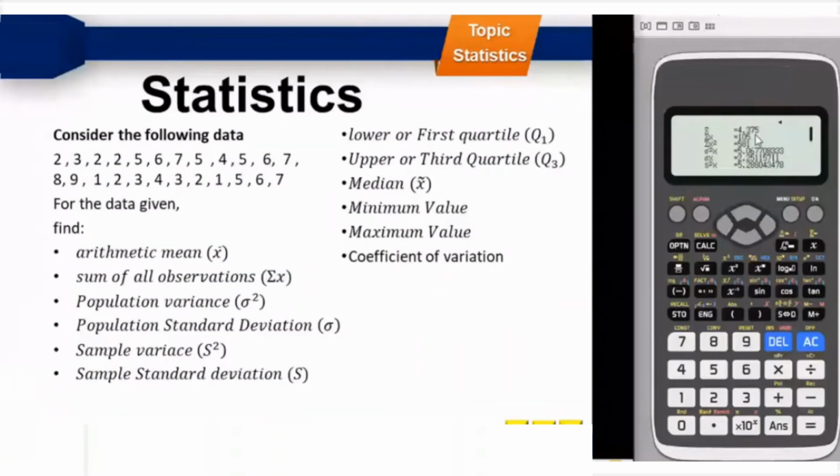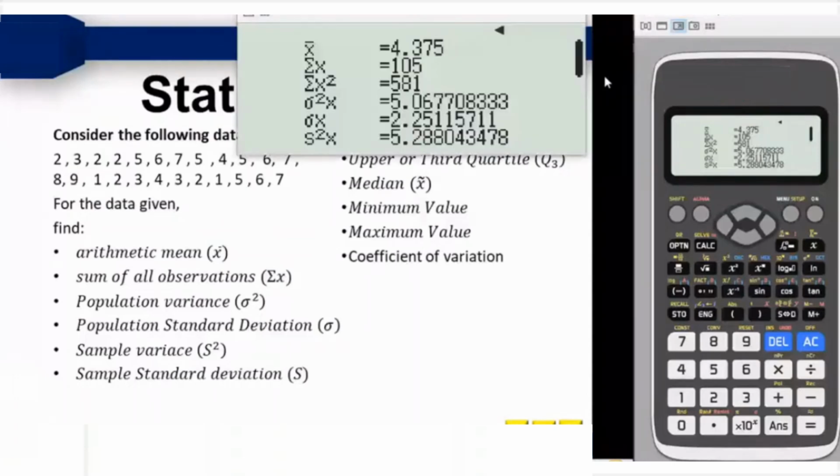Arithmetic mean is 4.37. I'll pop up the window for you. I hope this is now more obvious. Mean is 4.37. Sum of all observations is 105. Population variance is 5.81. Population standard deviation is 2.41.